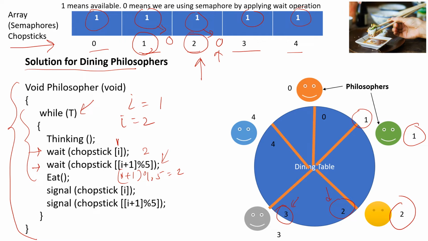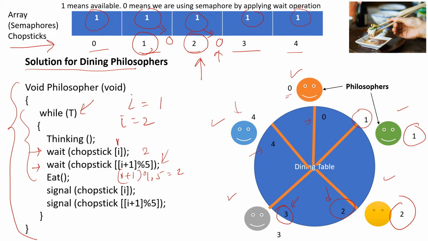Another important thing: why have we used mod 5 here? You can see we have philosophers 0, 1, 2, 3 and 4. After 4, we don't have the value 5, we have value 0. So philosopher 4 wants chopstick number 4 and chopstick number 0.